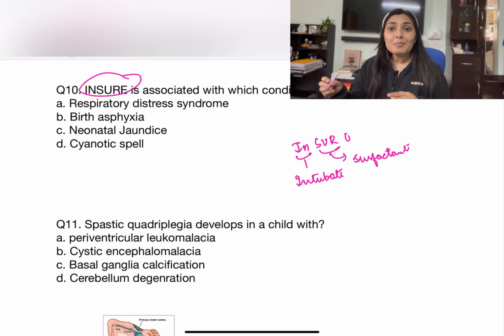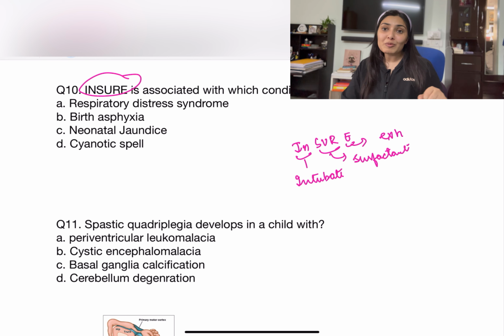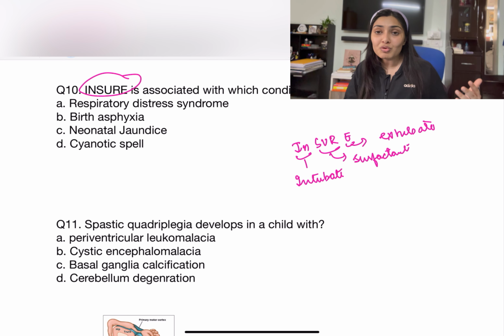INSURE is the technique by which you give surfactant in babies with respiratory distress syndrome or hyaline membrane disease. We remember that preterm babies are born very prematurely, so their surfactant in the lungs is not very mature. That's why these premature babies have respiratory distress syndrome due to the lack of mature surfactant.